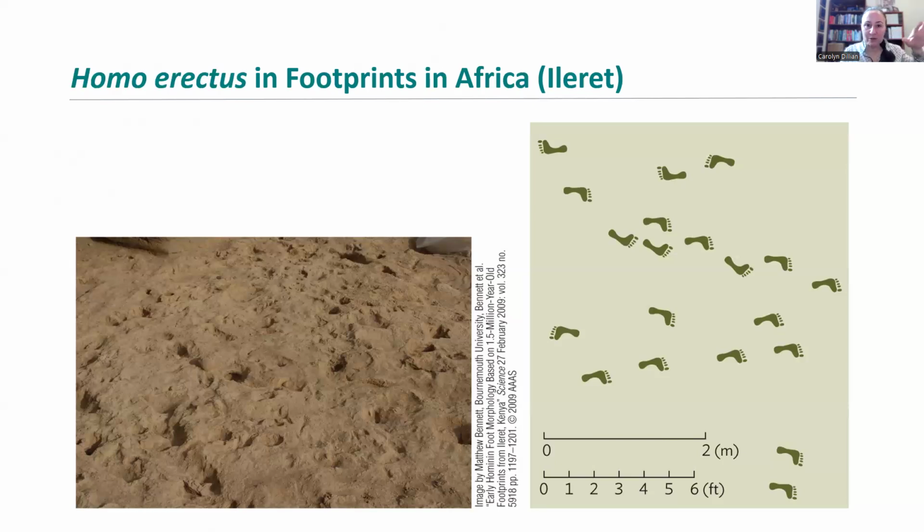And the reason we were excavating there is because some hominin bones had been found eroding out of the surface. We started excavating in there, and someone's looking at the cut face and says, it looks like there's these depressions in that one stratum, that one soil layer there. Let's uncover it and see what it is.